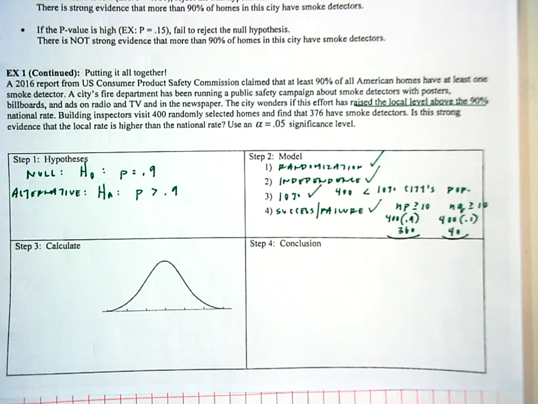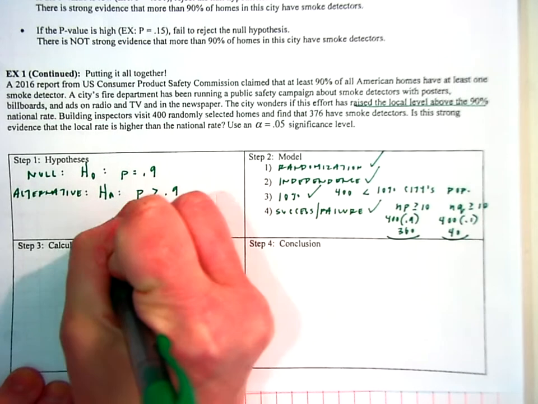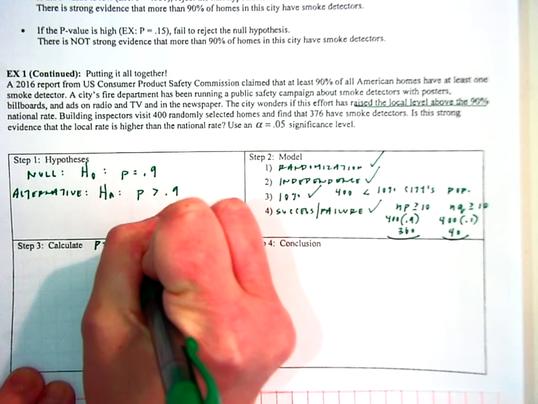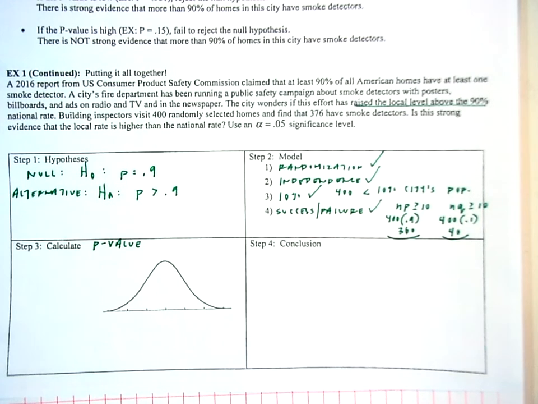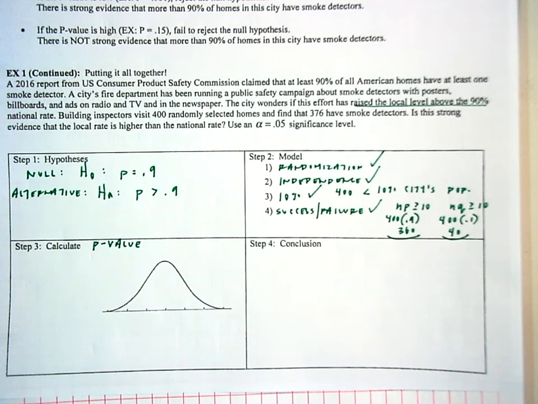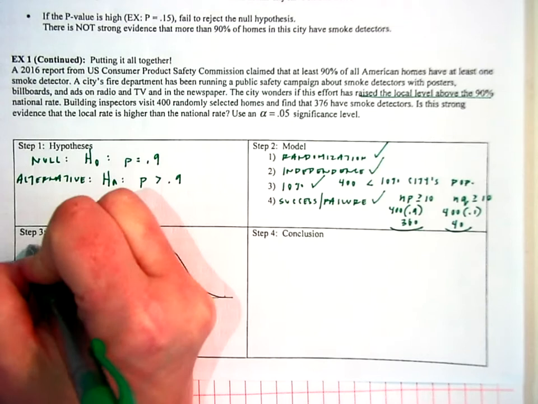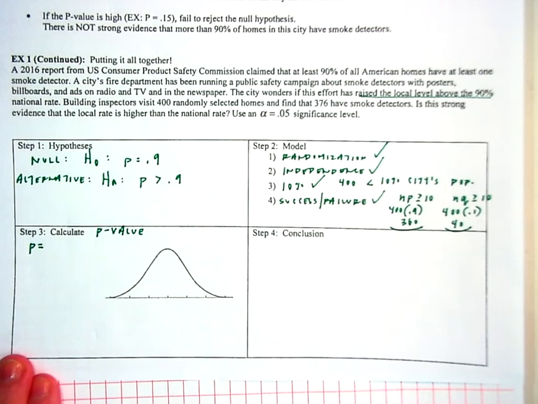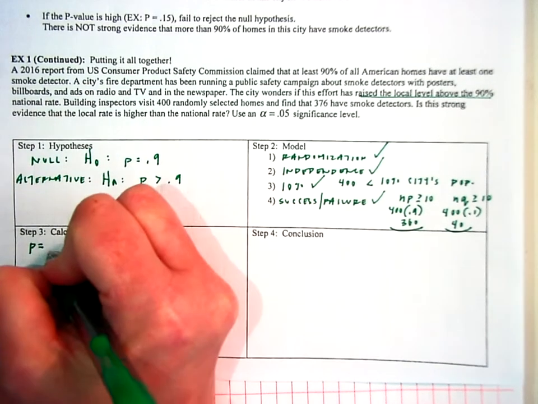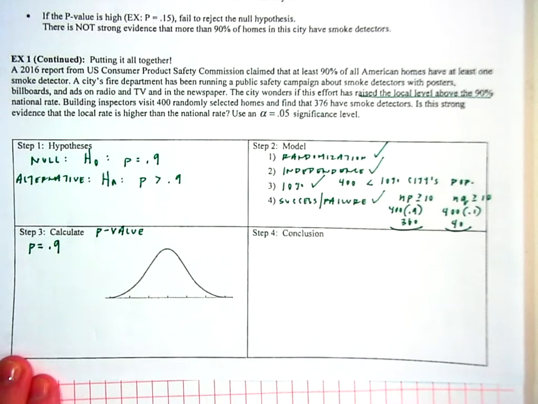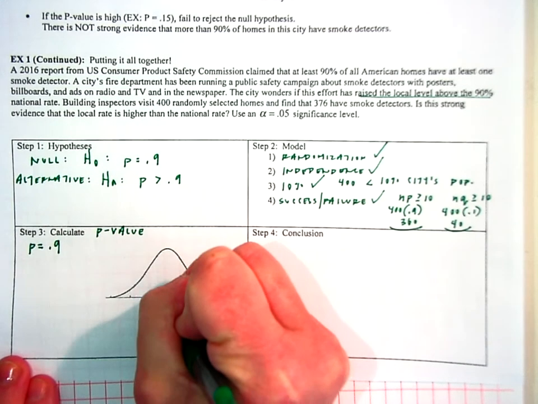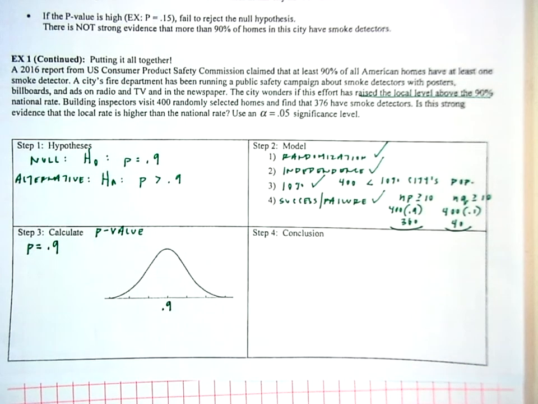All right, so now we're calculating the p-value. And again, here we are among many p's. So the p-value is saying, well, what's the probability that this would play out? So here I'm going to write that my p equals, right, this is my parameter, p equals 0.9, and we put that right here because that would be the mean of my distribution.